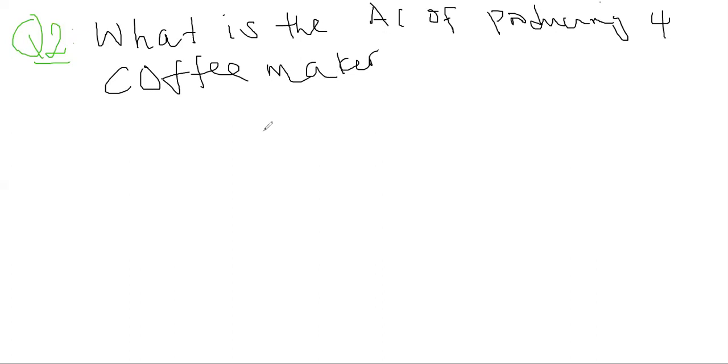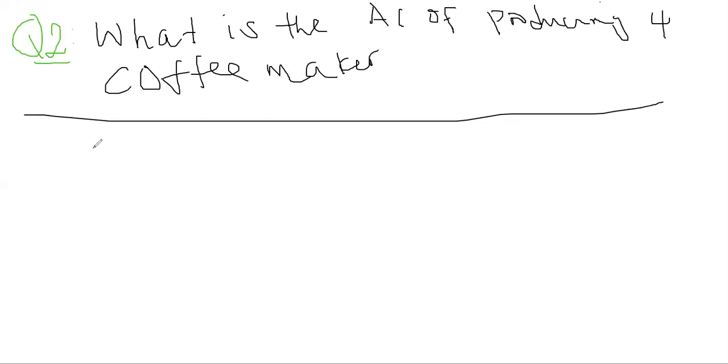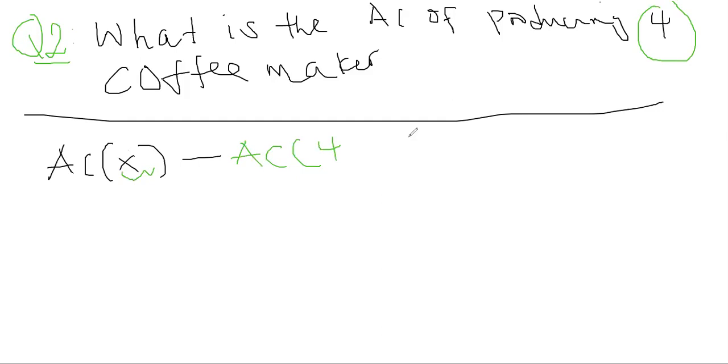So all this question is telling you is to find the average cost, which is represented by this. It is asking us to find the average cost of producing 4 coffee makers. So wherever we see x, we replace it by 4. So the question is asking us to calculate this.